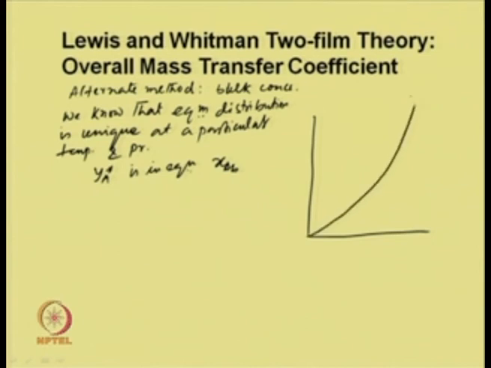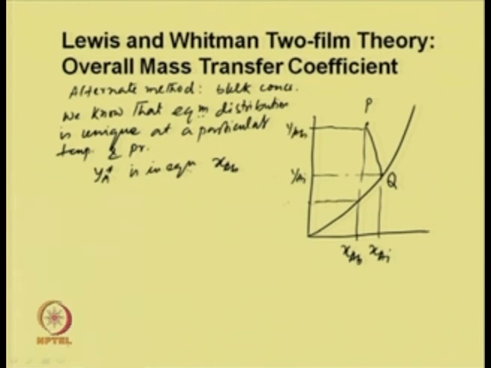So, YA star is in equilibrium with XAB. If we look into the previous equilibrium curve, suppose this is P, this is Q, and this is the YAI, this is XAI, and this is XAB, and this is YAB.